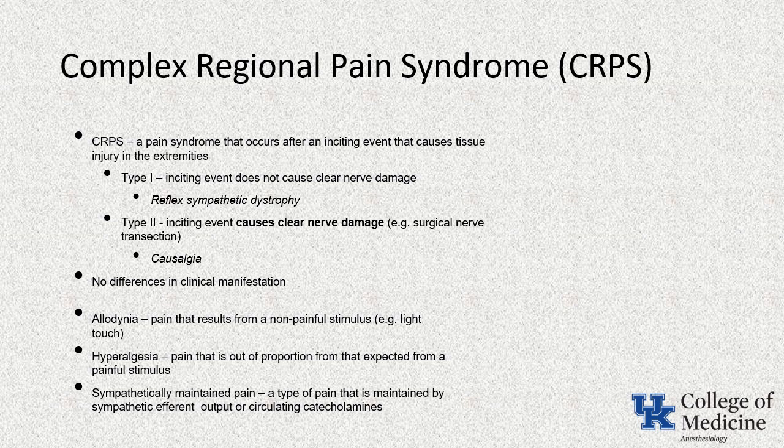There is sympathetically maintained or mediated pain. This is a type of pain that was once thought to be maintained by sympathetic efferent output or circulating catecholamines, but the current school of thought is that this might not necessarily be what is occurring in these pain syndromes.